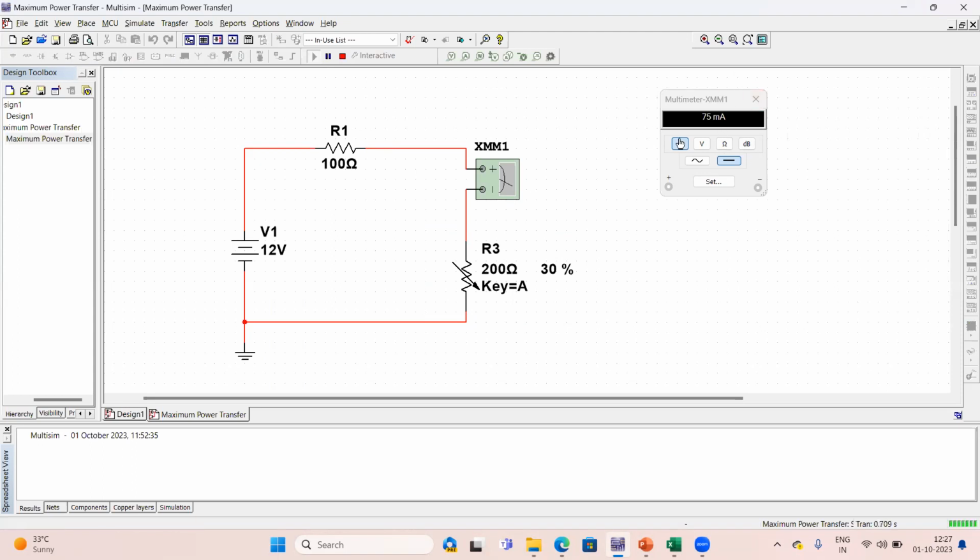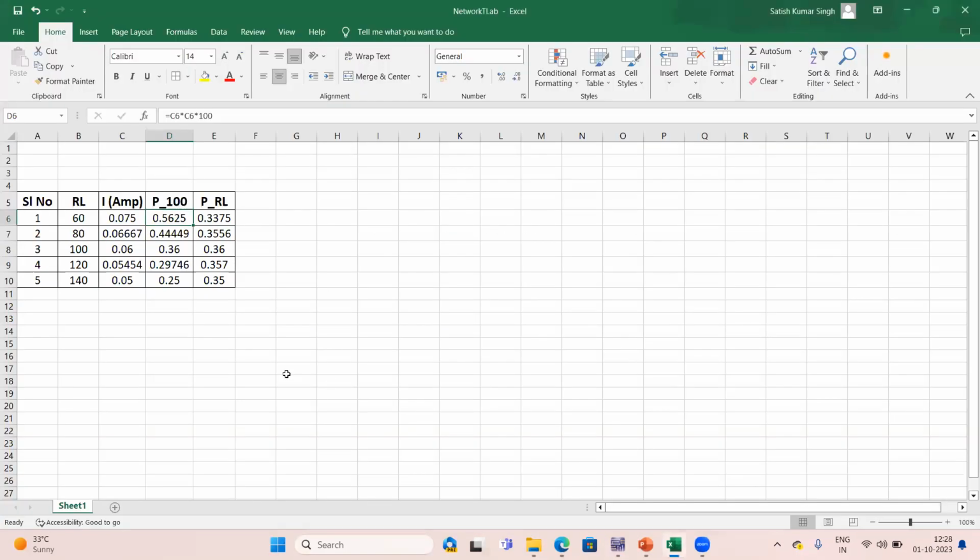It is 75 milliamperes, and I have noted the same thing here, corresponding to a load resistance of 60 ohm. Then, based on this current, I have calculated the power delivered to this 100 ohm resistance, which is your source or internal resistance, and this is our load resistance.